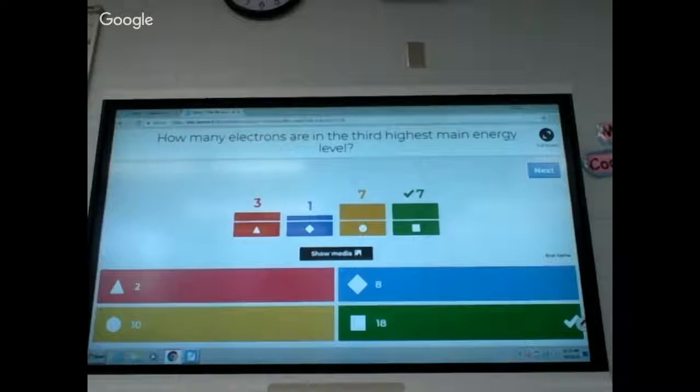If you look at the third highest main energy level, what does that mean? It means n equals 3, the third ring.